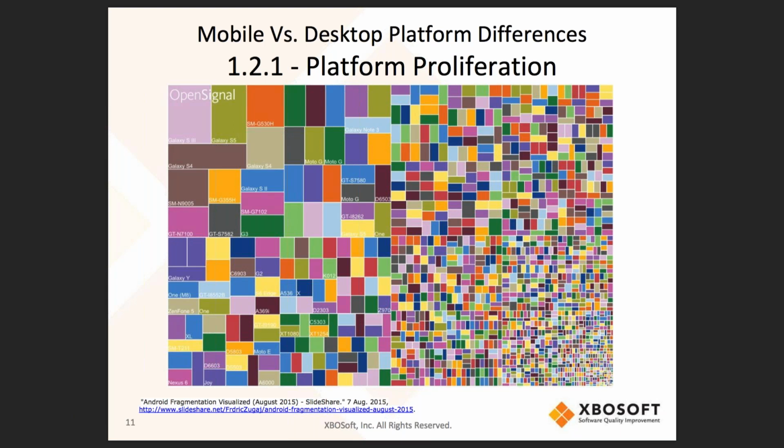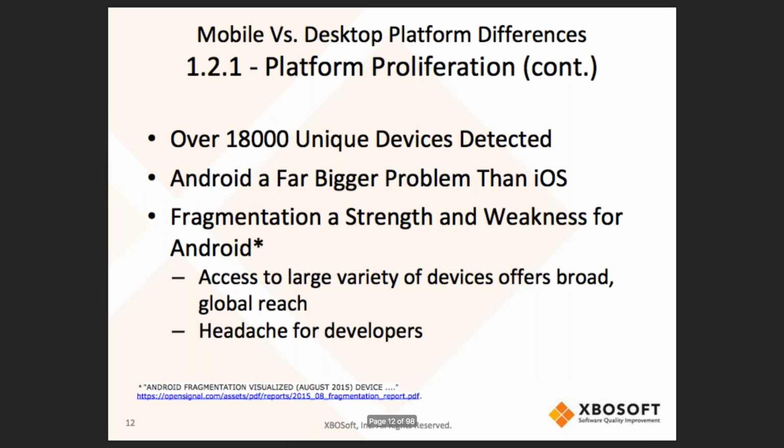It's over 18,000 unique devices that were picked up in the analysis that created that diagram. And so in Android, it's a far bigger problem than iOS to be able to test the applications against all the different possibilities of how your particular application might be rendered.